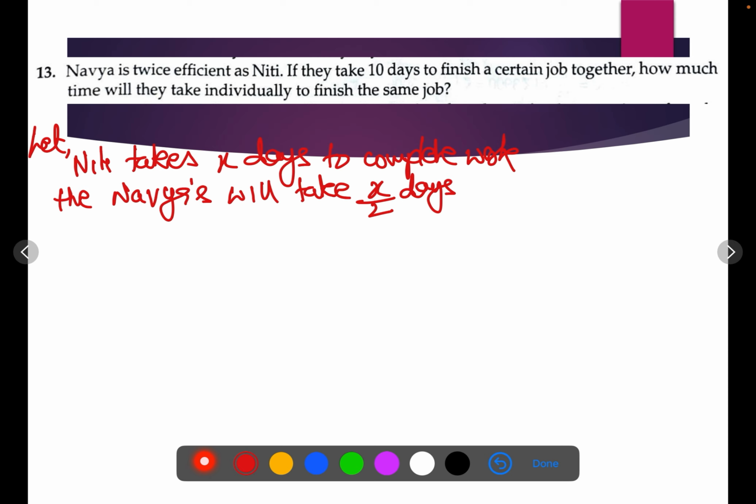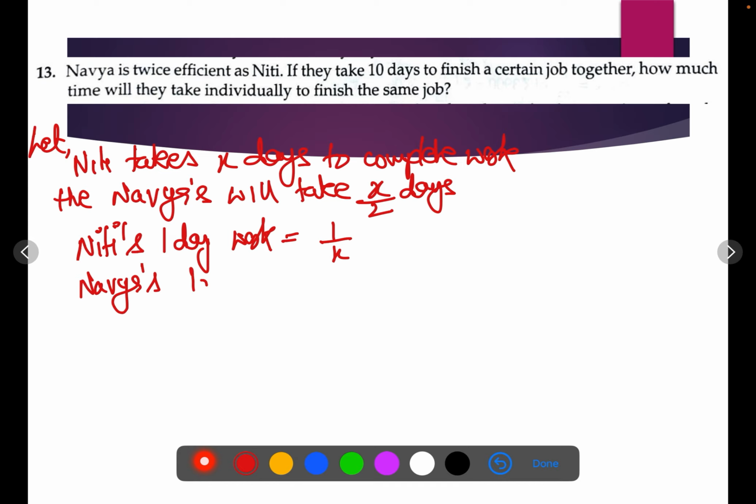So let's find out Neeti's one day work. What is Neeti's one day work? 1 upon X. What is Navya's one day work? It will be the reciprocal, obviously 2 upon x. Now what does the question say?